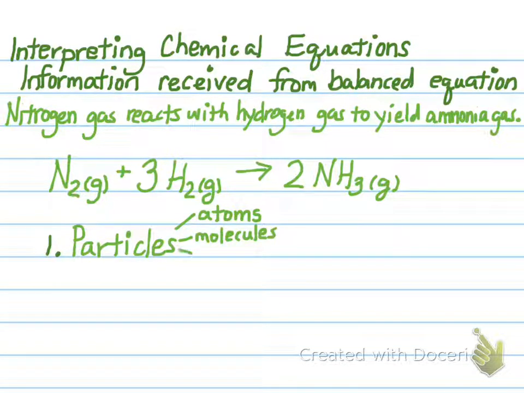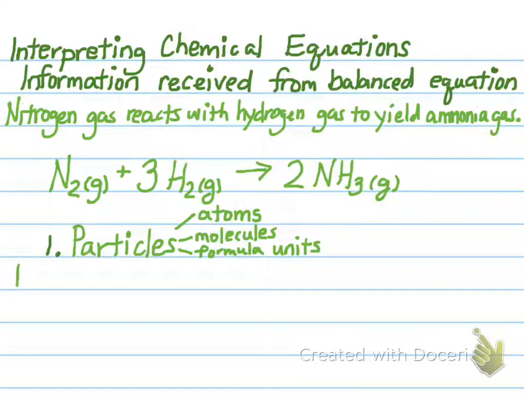And if we're talking about an ionic compound, our particles will be formula units. So particles is just generic. Now, in this example, all of these are molecular compounds, so I would interpret all of these specifically in terms of molecules.